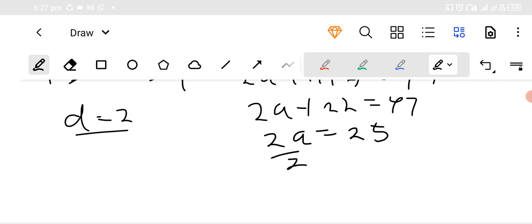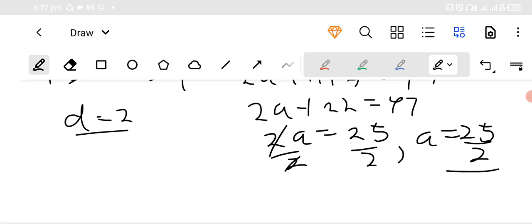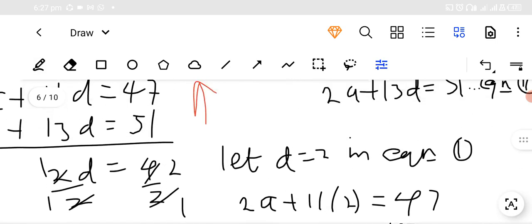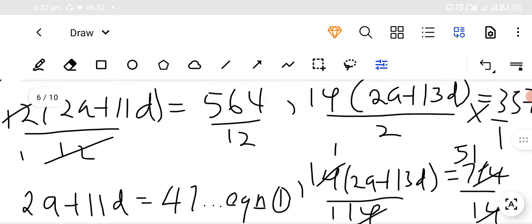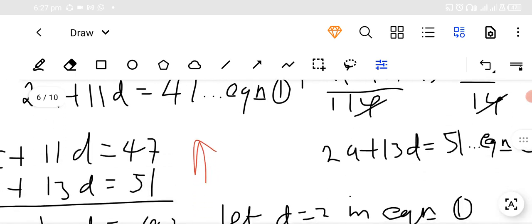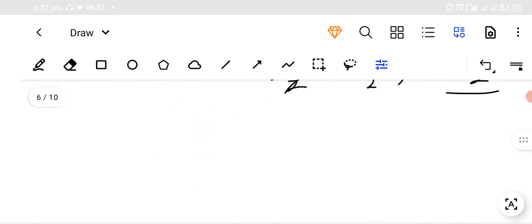Divide by 2, divide by 2, a will be equal to 25 over 2. So d is 2, and a is equal to 25 over 2.